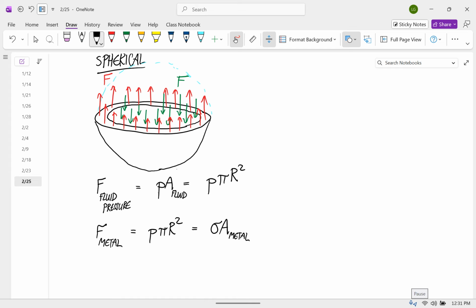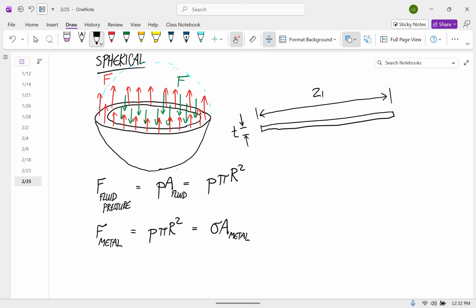And so what we have is this thing whose thickness is t, and the length of it is 2 pi r. So this is equal to the stress that we're trying to calculate times 2 pi r t, little t.